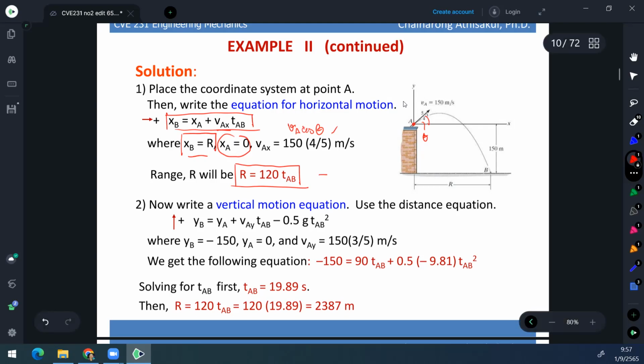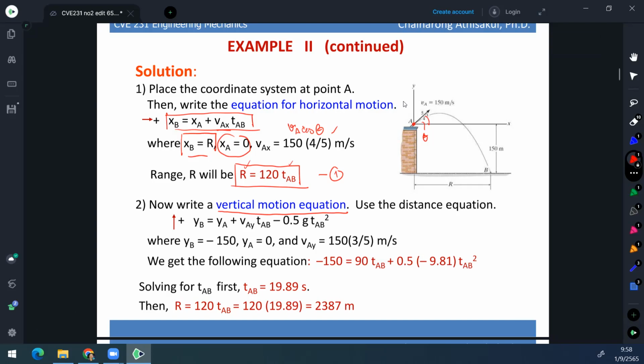Now we have the first equation with two unknowns, R and tAB. Now we move to consider the vertical motion.